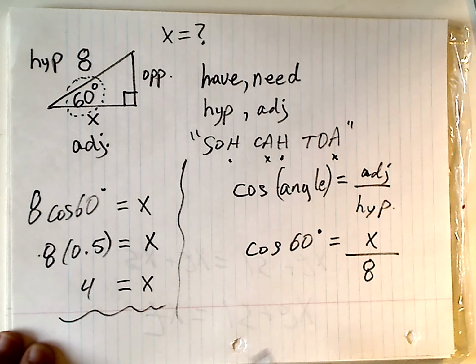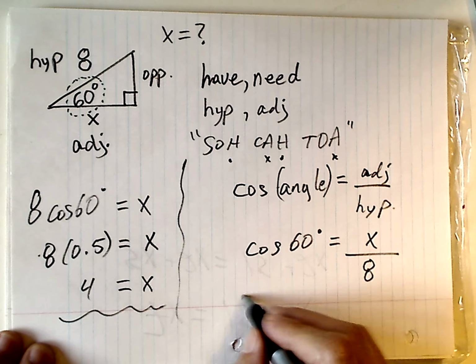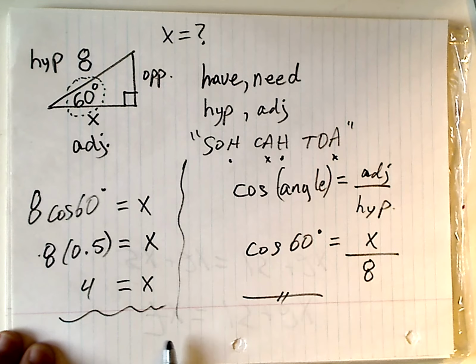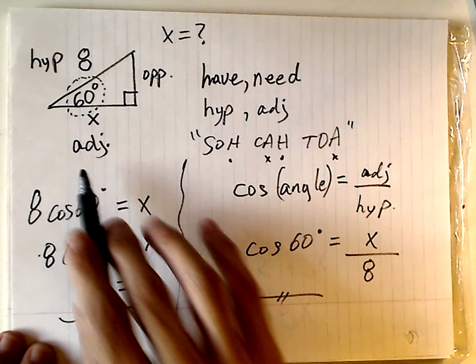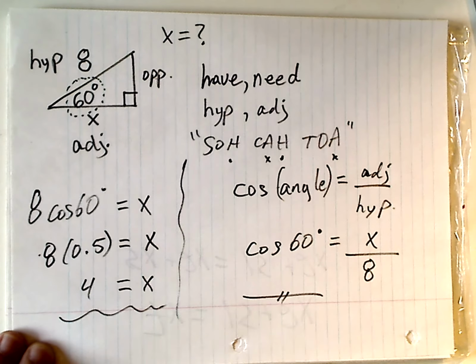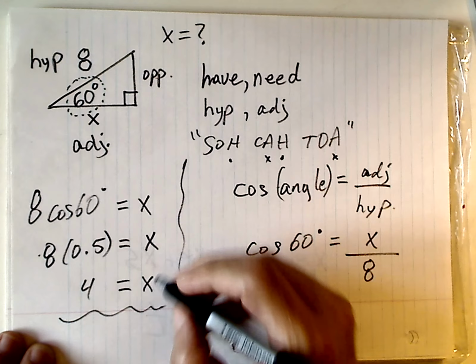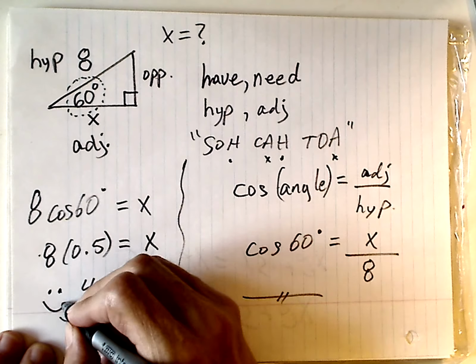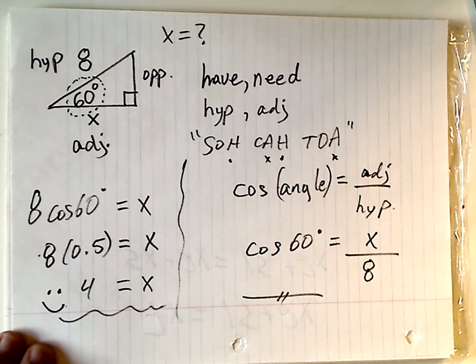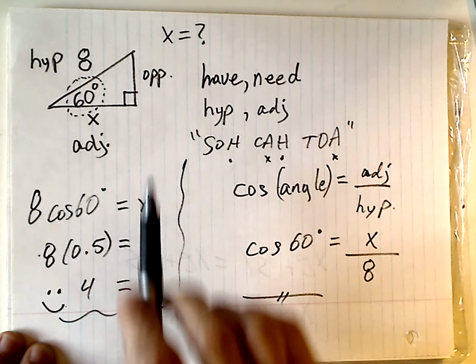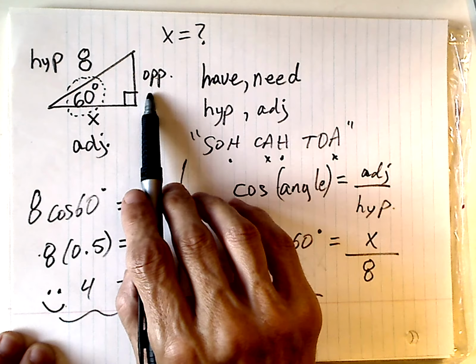So a couple of things from here. First of all, congratulations if you stopped the video and tried it ahead of time, which is a trick, a technique you can do. I would like to point out that if we needed to do something called solve the triangle, it means find everything. And that means we would need to find this other side as well.